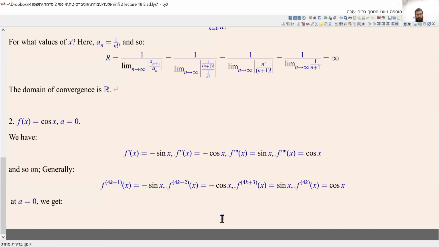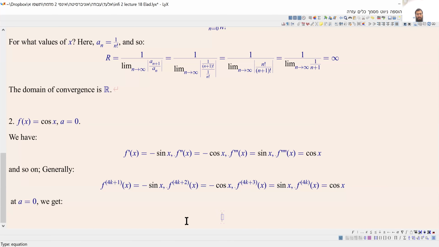So one can write it as, you know what, let's write it down explicitly. It is 0 at the sinuses.